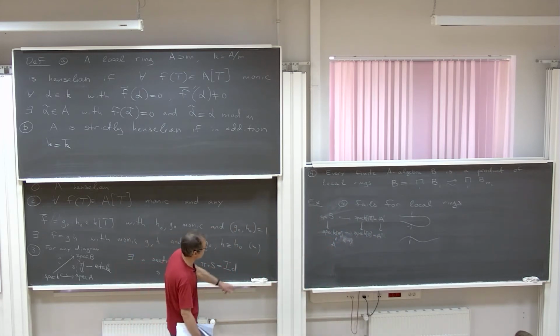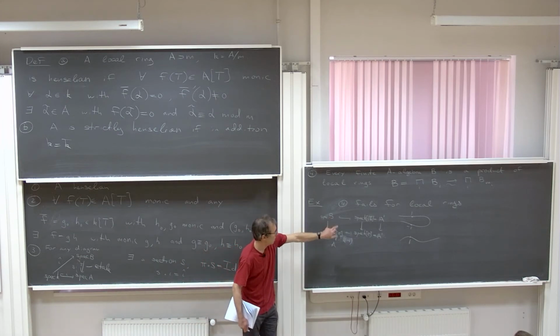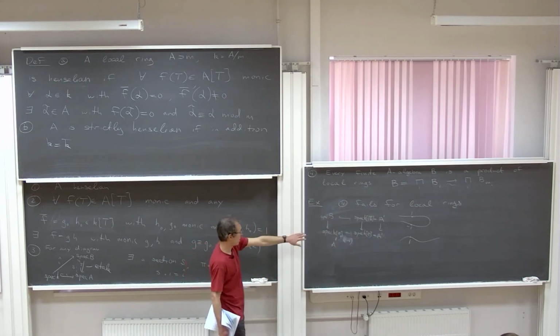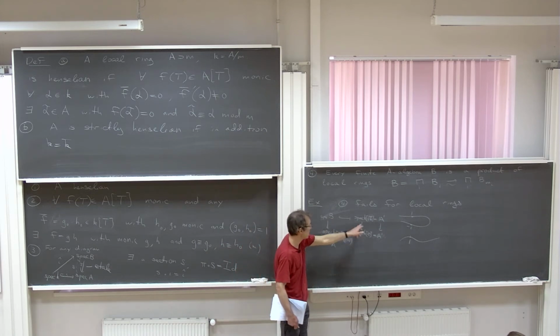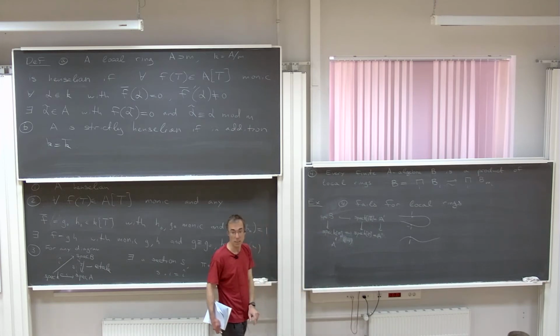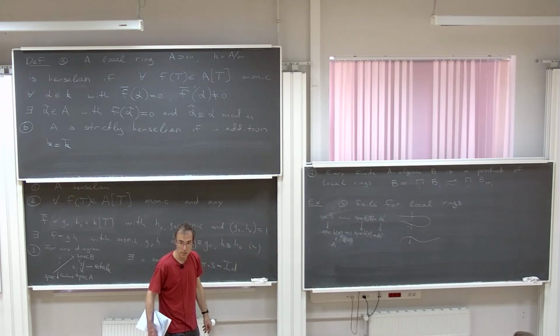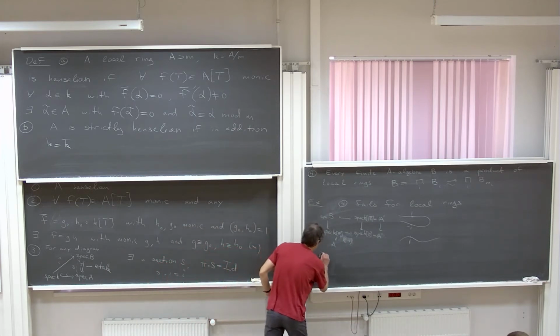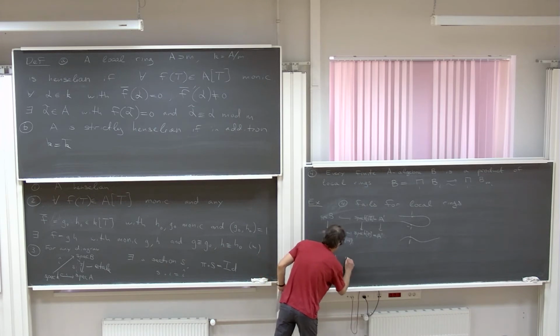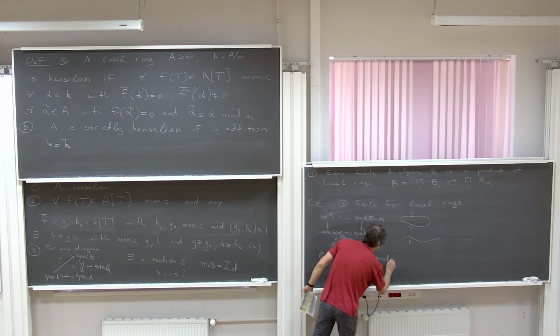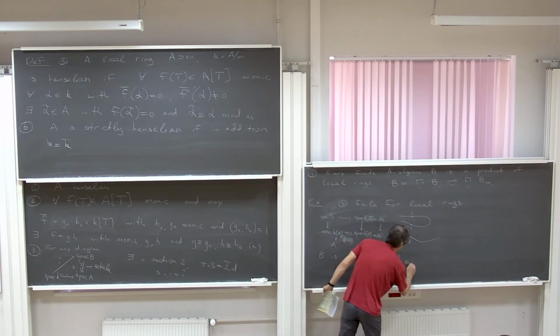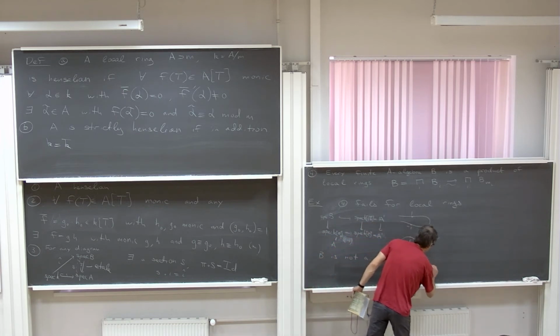And on the other hand, it's connected, right? Because it's a domain. It sits inside the field of rational functions in square root of Z. So B is not a product of local rings.